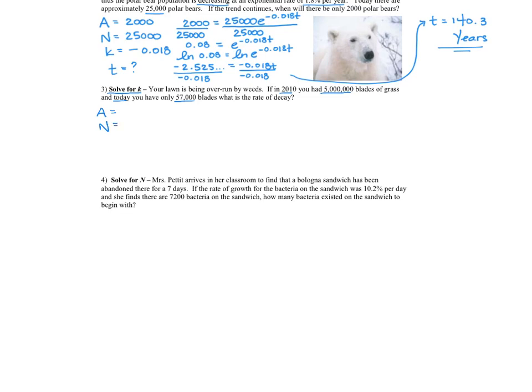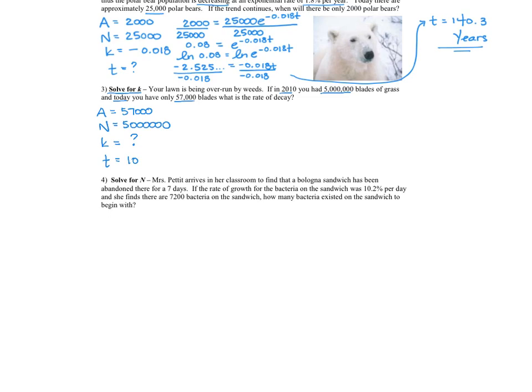So we know how many we end with. We know how many we started with, right? We end with 57,000 and we start with 5 million. Our rate of decay is what we're looking for if our time is 10 years, right? 10 years because this year is 2020 and we had 5 million blades in 2010.